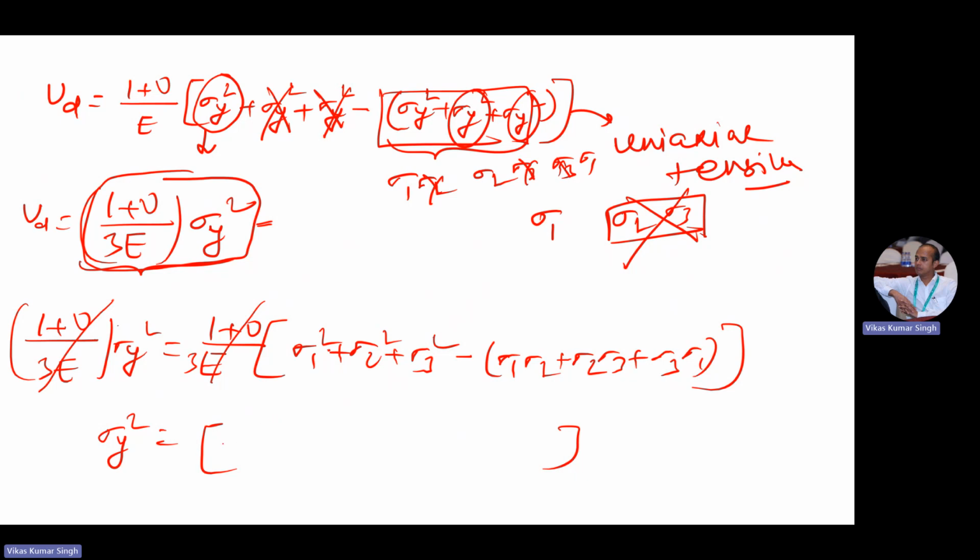If we remove the square, it will be a square root: sigma y equals the square root of sigma 1 square plus sigma 2 square plus sigma 3 square minus sigma 1 sigma 2 plus sigma 2 sigma 3 plus sigma 3 sigma 1.